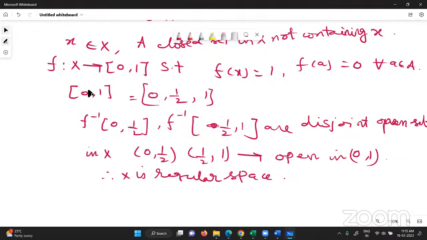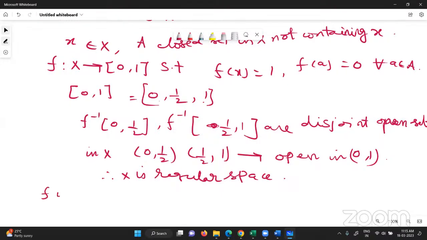Because X is a completely regular space, there exists a continuous mapping f from X to [0,1] such that f(x) is 1 and f(a) equals 0 for every a belongs to A. So you divide [0,1] into two sets.